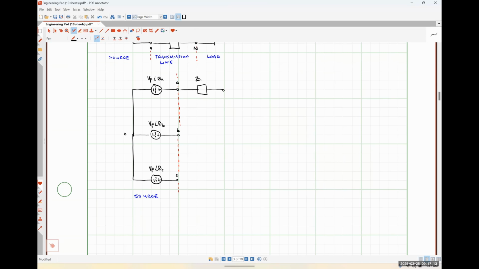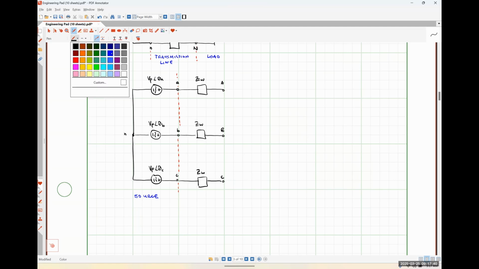So I'm going to have an impedance ZW between the lowercase a and capital A terminals. I'm going to have an impedance of ZW between my lowercase b and capital B terminals. And I'm going to have an impedance ZW between my lowercase c and capital C terminals, like so, where these guys are once again making up my transmission line network. So what I'm using to send my power over some distance.